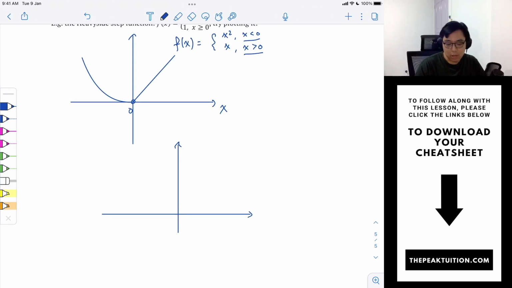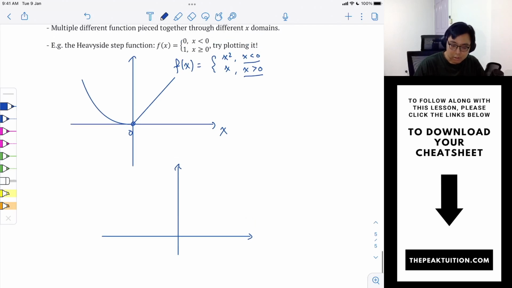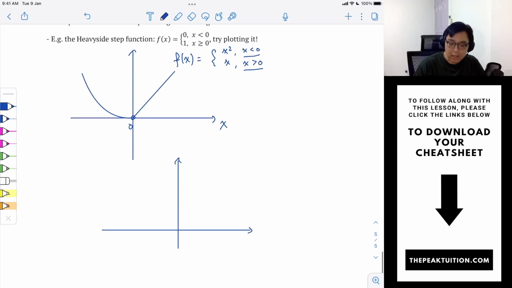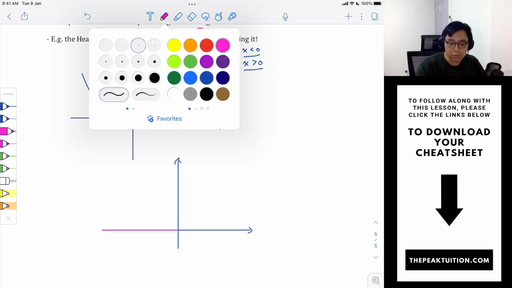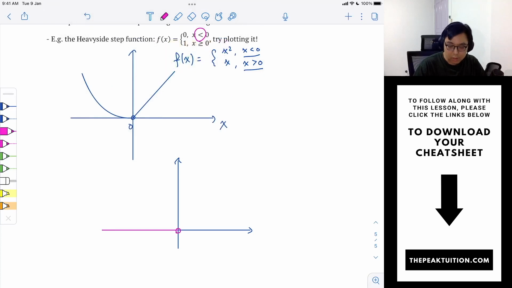Okay, so I hope you tried the example. What the Heaviside function is basically saying is that when x is less than 0, the value is 0, and that means your graph looks like here. Do we include x equals 0? We don't, because this is a less than and not a less than or equals to. Therefore, we draw an open circle here.